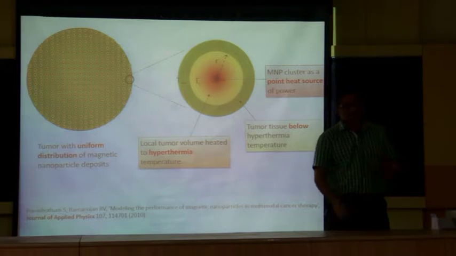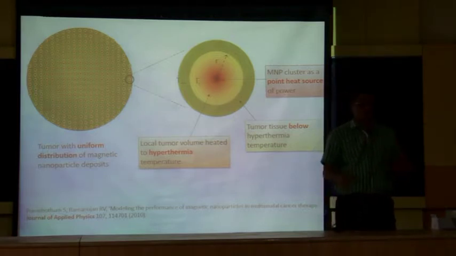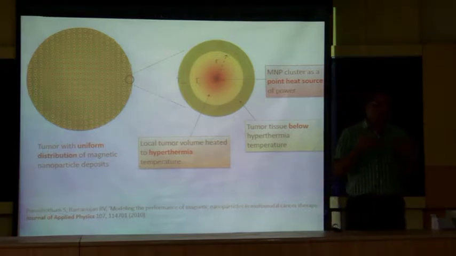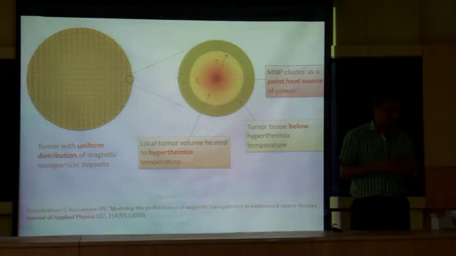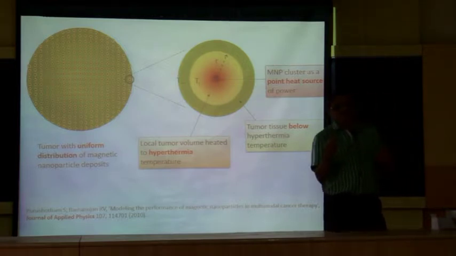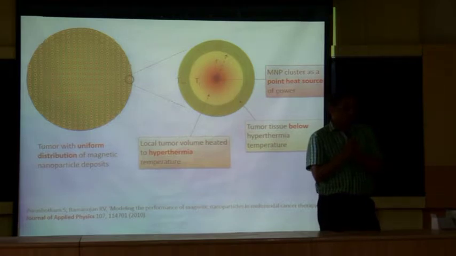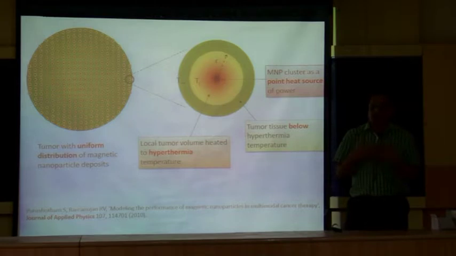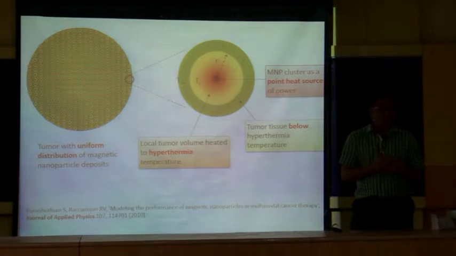Although I say all this, you may wonder how much iron oxide you need to accomplish this kind of heating. If I put a very small quantity of iron oxide, maybe it will heat only a very small part of the tumor. So for a given diameter or size of tumor, how much mass of iron oxide do you need? How much mass of doxorubicin do you need in order to accomplish this therapy?